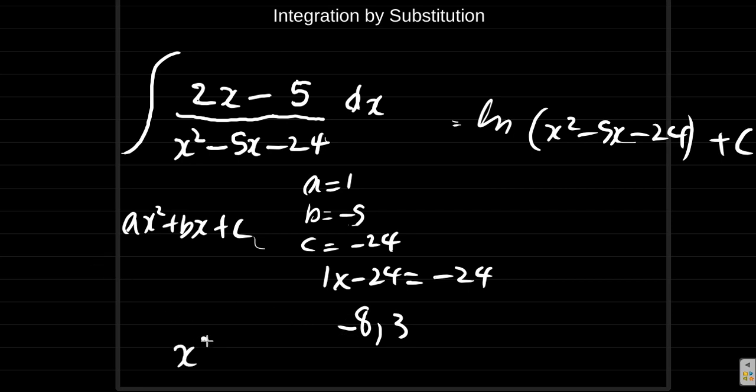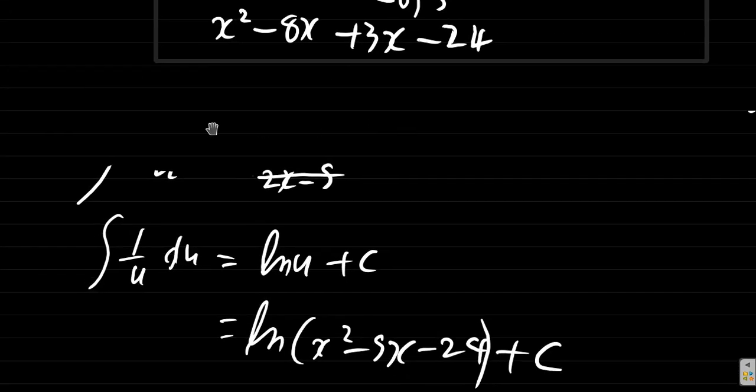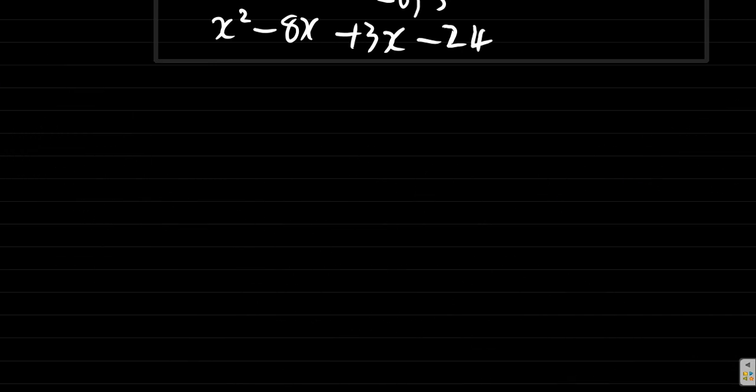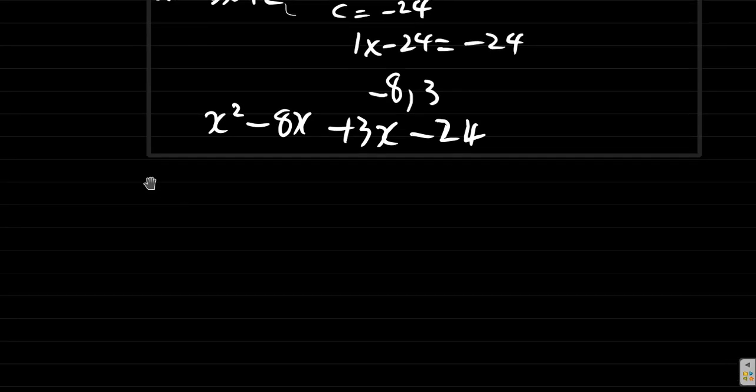So we have x squared minus 8x plus 3x minus 24. It doesn't matter if you had put plus 3x minus 8x. You get the same answer. Remember that? So here now, let me continue erasing what we had here before. So here, we factorize this, so we have x outside the bracket, x minus 8.